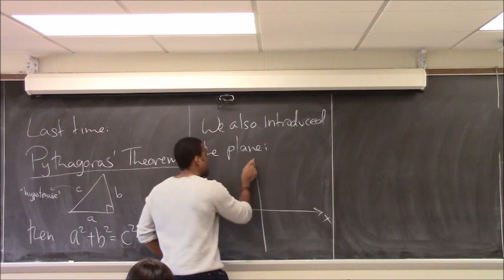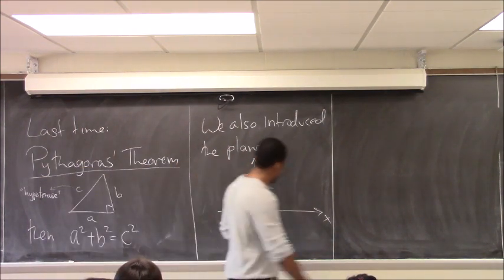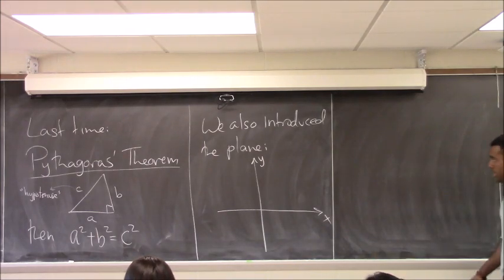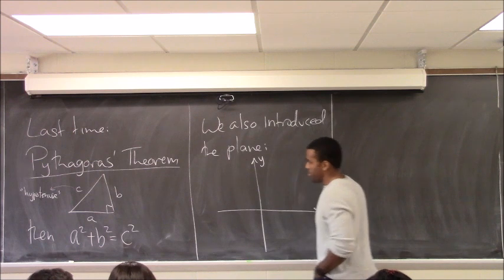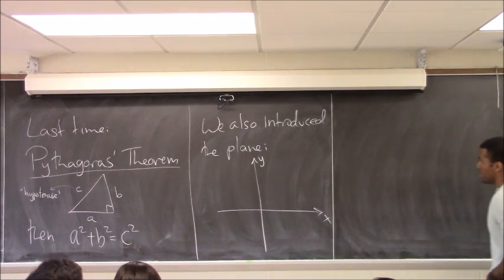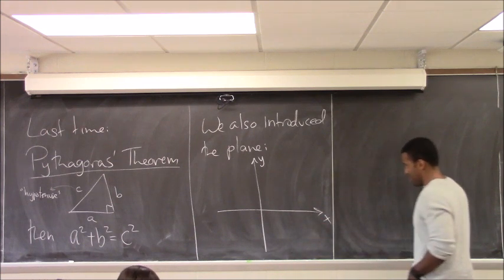Just a contraption that looks like this, invented by René Descartes around the 1700s, in which case we could start to plot and draw pictures of equations, which was very revolutionary, let's say.